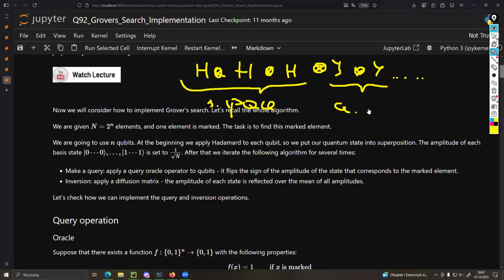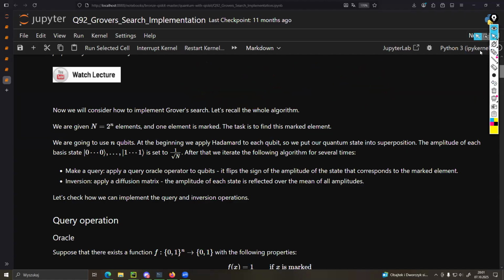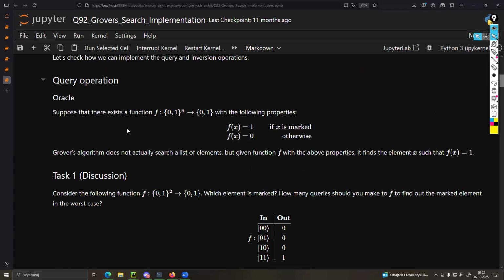So A qubits that we would need for other calculations, temporary calculations within the circuit, ancilla qubits. So that's the initial step.